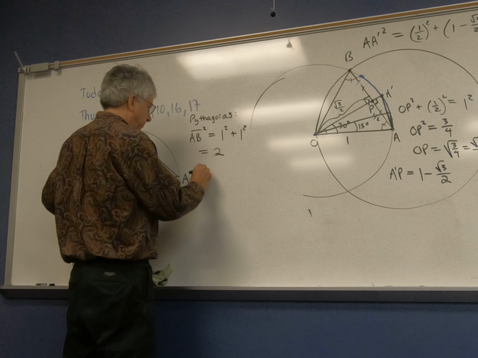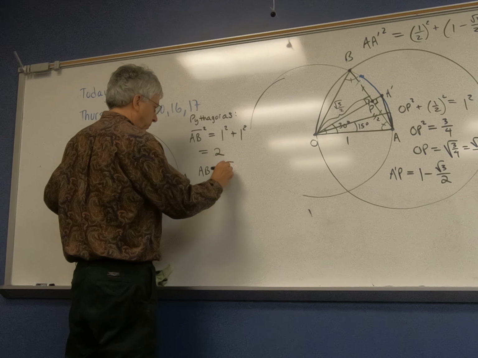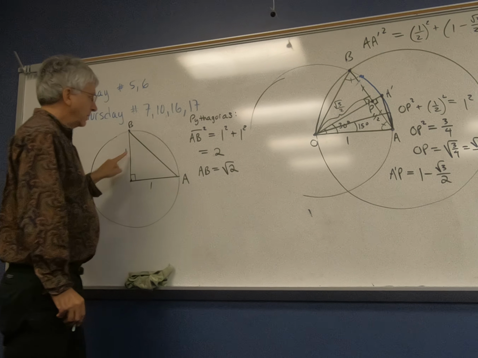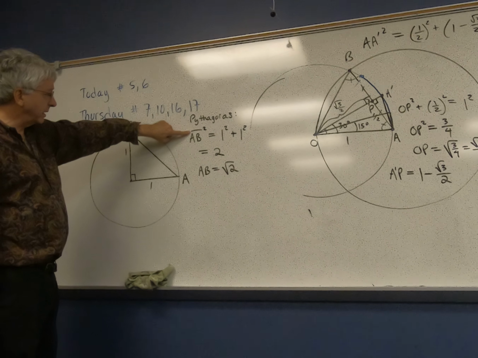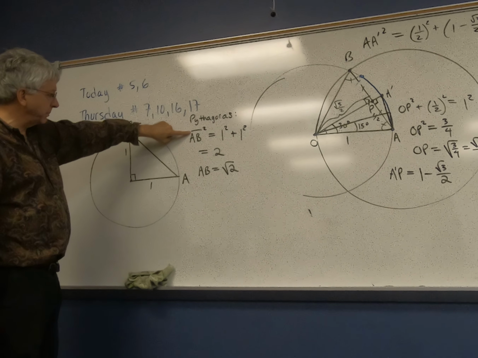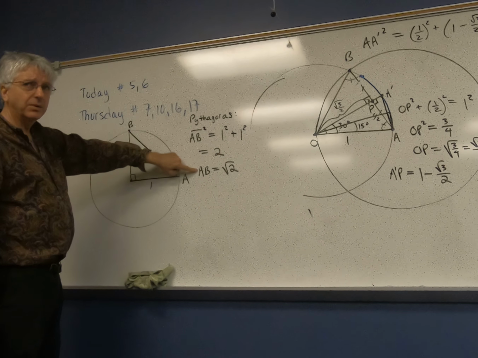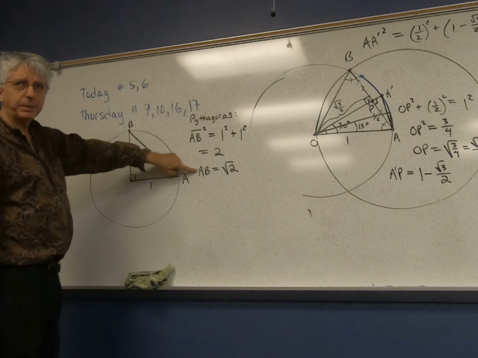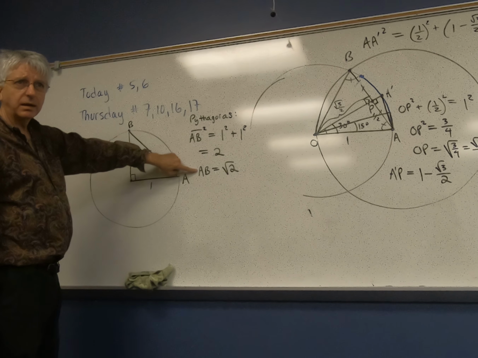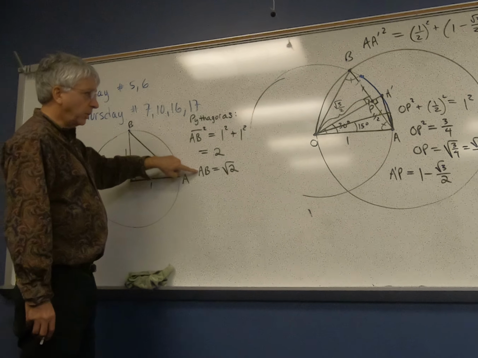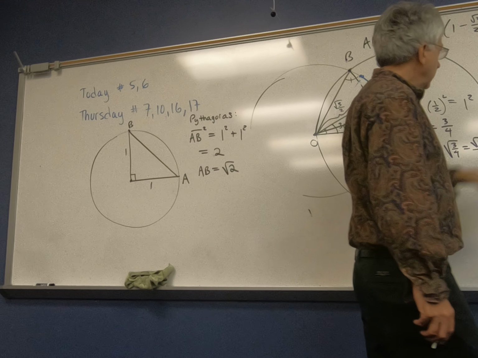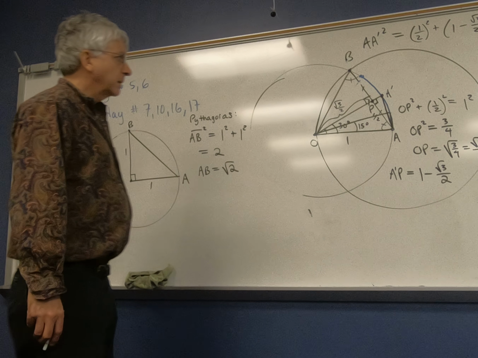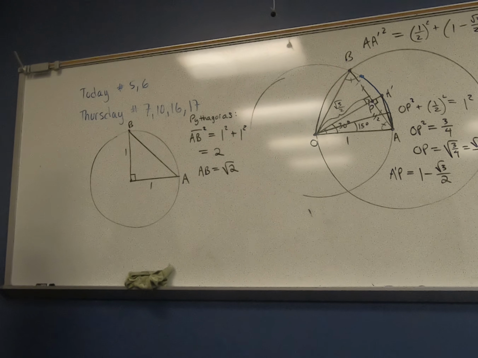That means that AB is equal to the square root of 2. Sometimes I put the little mark over the top to indicate that it's a line segment, and sometimes I don't. This is sort of standard sloppiness in the business. If it's a chord, I'll put in a straight line, and if it's an arc, I'll put in a curvy thing.